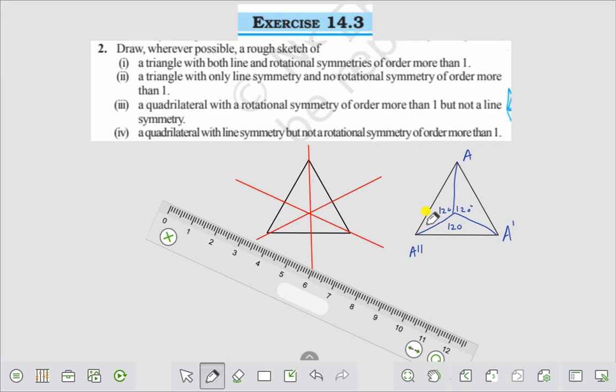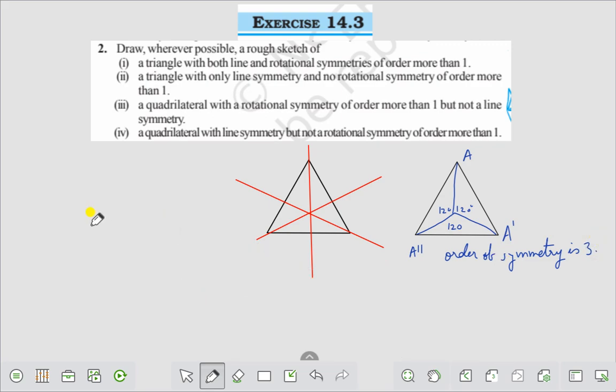And if we rotate once again, it will come back to this, right? That means the order of symmetry is 3, right?